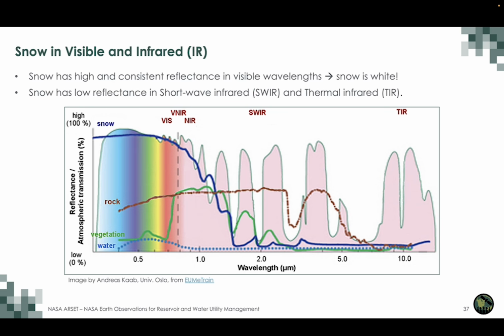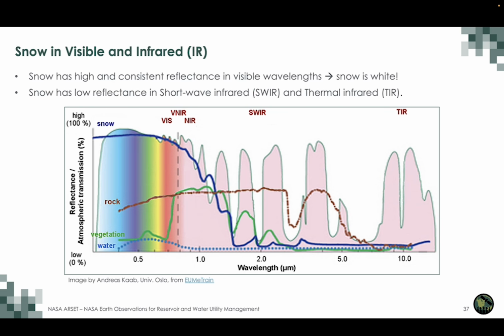It actually absorbs most of the energy in these ranges, resulting in very low reflectance. You can clearly see this specific spectral curve in the graph at the bottom of the slide, which maps wavelength in micrometers on the x-axis against percent reflectance on the y-axis. Notice how the blue line, representing snow, spikes high in the visible spectrum on the left and drops off sharply as you move into the infrared on the right.